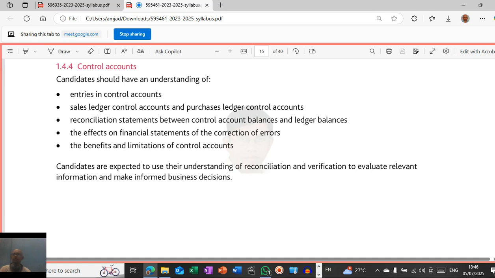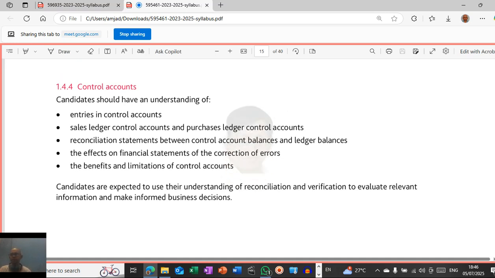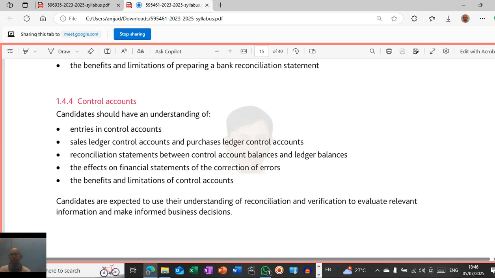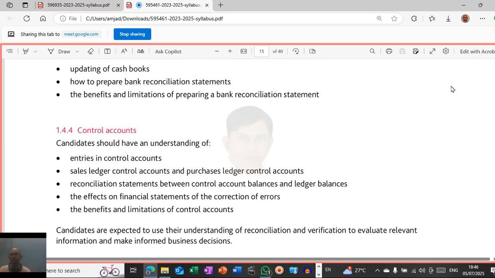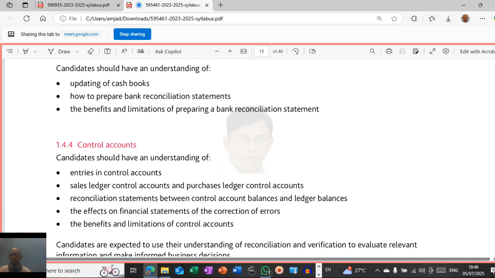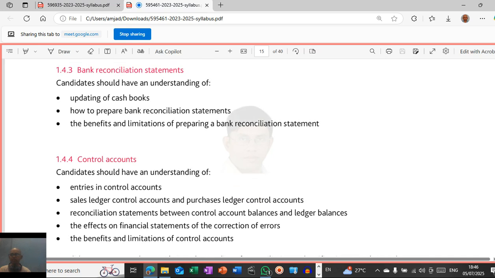So next one is 1.4.3, bank reconciliation statements. Candidates should have an understanding of updating the cash book, how to prepare a bank reconciliation statement, and the benefits and limitations of preparing a bank reconciliation statement.